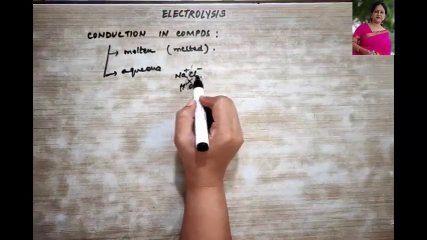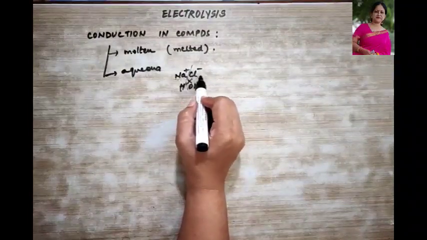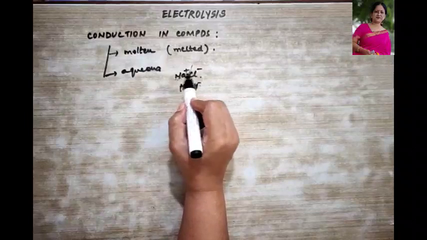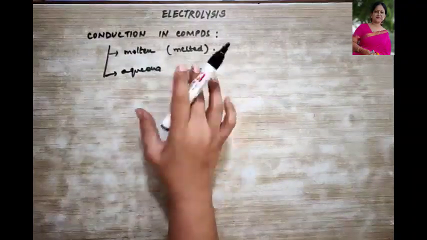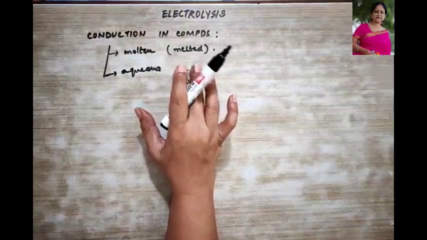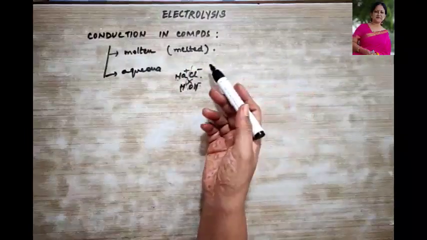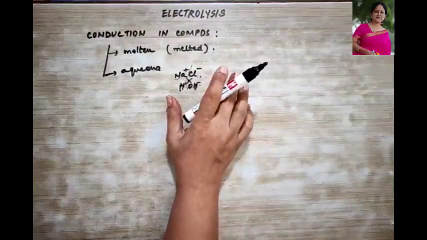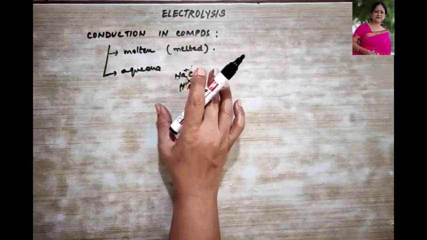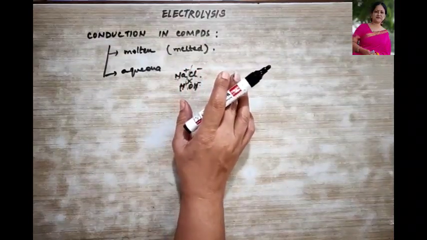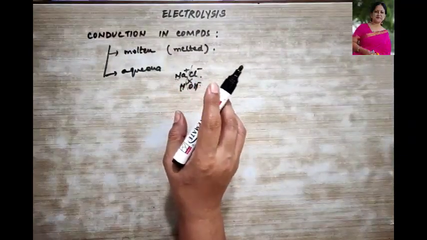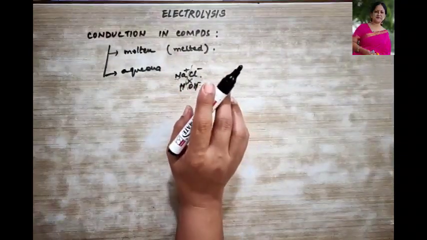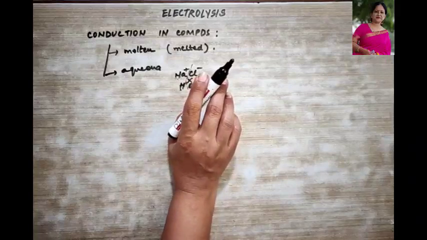The electrostatic force of attraction breaks, and hence these ions are now free and mobile, and they allow electricity to pass through because free ions are present in the solution. I hope this is very clear to you. But in the solid state, because there are no free ions, it will not allow electricity to pass through.